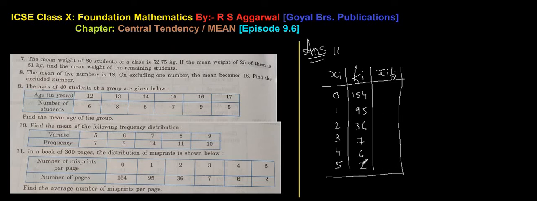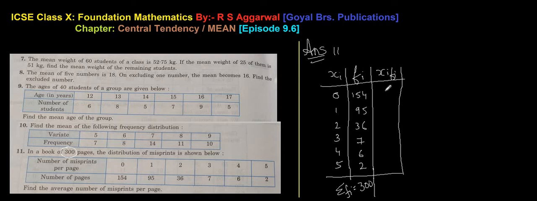Let us add to find out the total number of pages. It is already given, if you see, it is 300. So sigma fi is 300.